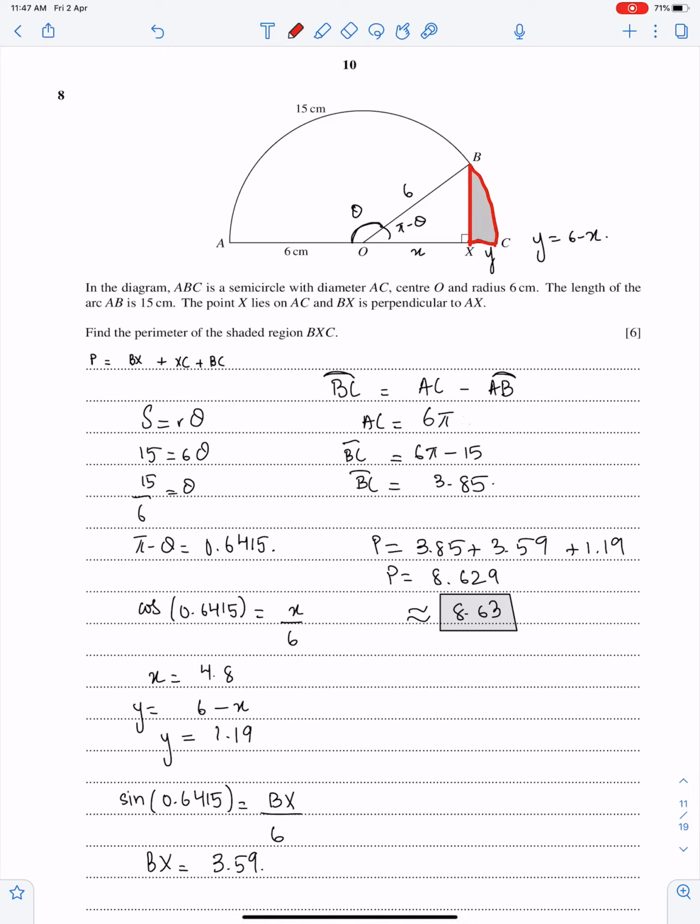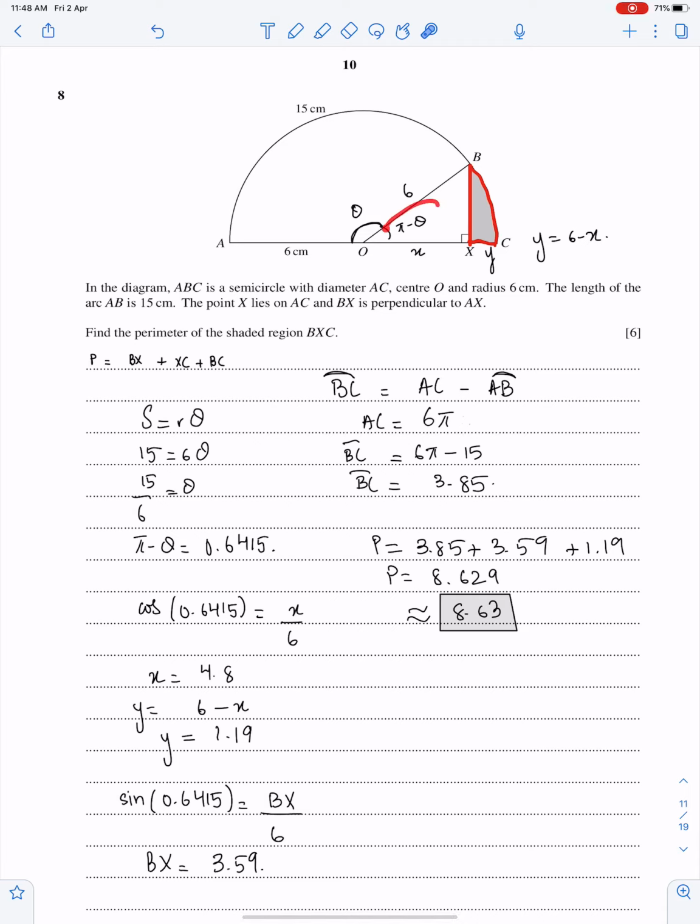So we need 3 lengths for the perimeter: arc length, this BX, and this Y. We suppose this as y. For that we need to first solve this triangle. When we get this angle, this length and this length, then we will be able to easily get the perimeter. And then we will find this arc as well.